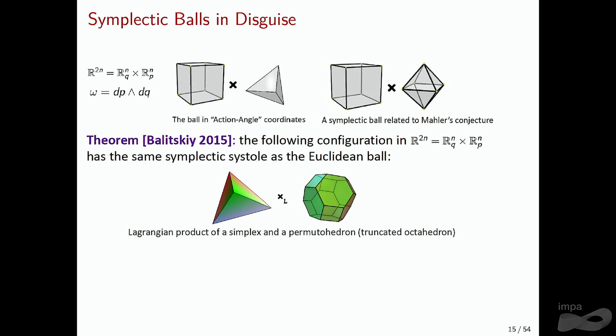What he proved, in any dimension, is that this configuration has the same symplectic systole as the Euclidean ball. So it should be a symplectic ball, and there are other reasons supporting the conjecture that this should be a symplectic ball. But we still don't know.